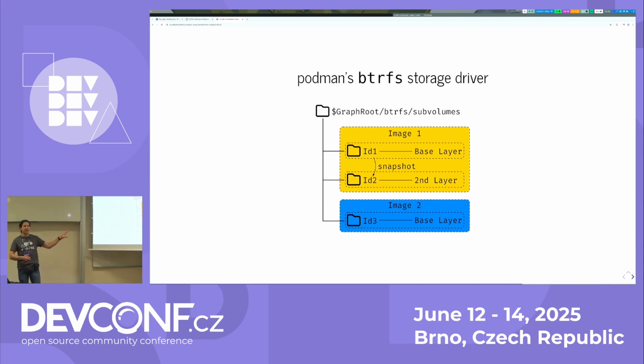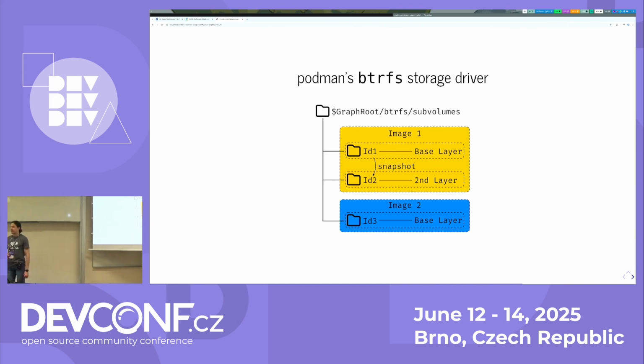It must be Btrfs. And each container image is a single subvolume, and each container layer is created as a snapshot of the previous layer. That's actually the boring part. The important part is each container image is a single subvolume.